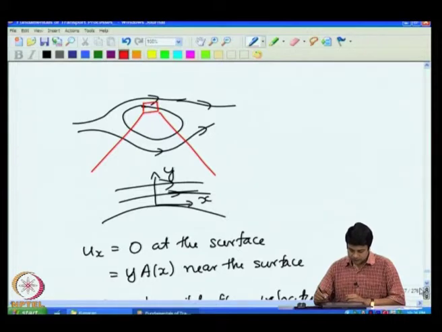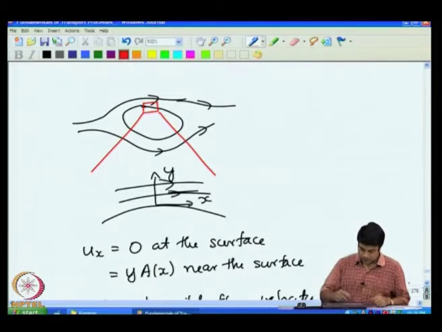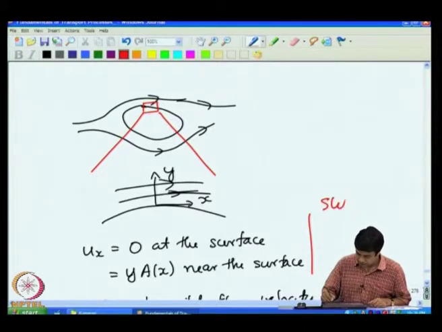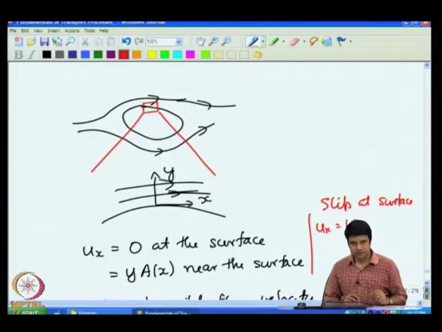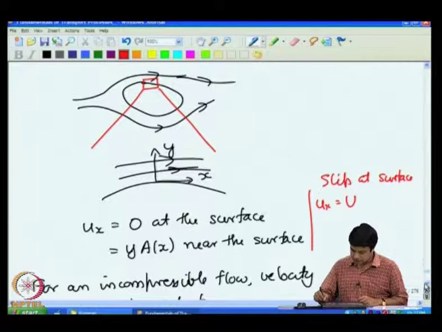If there is a slip at the surface, then ux is non-zero at the surface. So, I will just write down the relation for the case where there is a slip at the surface. ux will be equal to capital U at the surface. There is a slip velocity. So, ux will be non-zero.